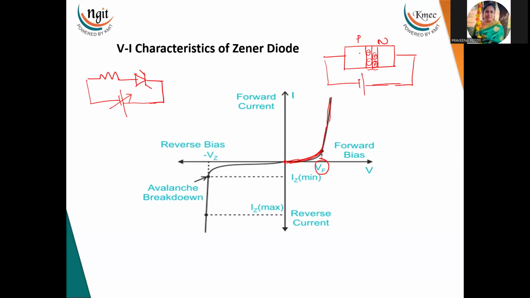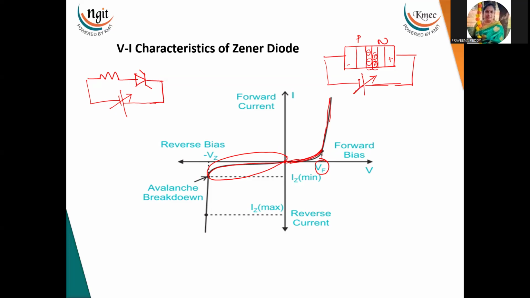The depletion width increases, and only a few minority charge carriers are there. As we increase the supply, because of these minority charge carriers, a small leakage current flows in the Zener, like in a PN junction diode. This we have already studied in the PN junction diode.